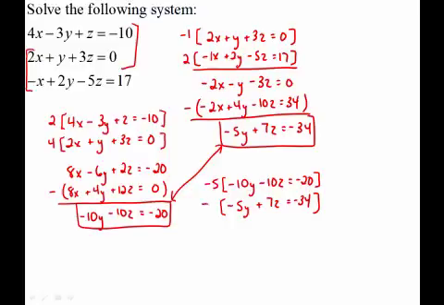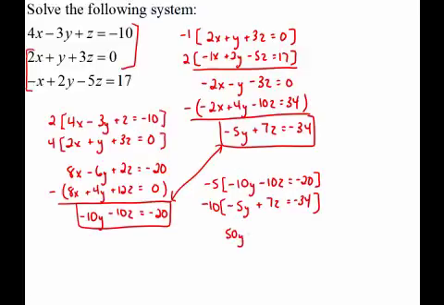So negative 5 and negative 10. If you recognize this, then you really only need to multiply the bottom equation by 2, because that'll give you negative 10 right there, and that'll take care of everything with only multiplying one equation. But if you want to do something that will work all the time, then just flip-flop these numbers and it'll always give you the same number.